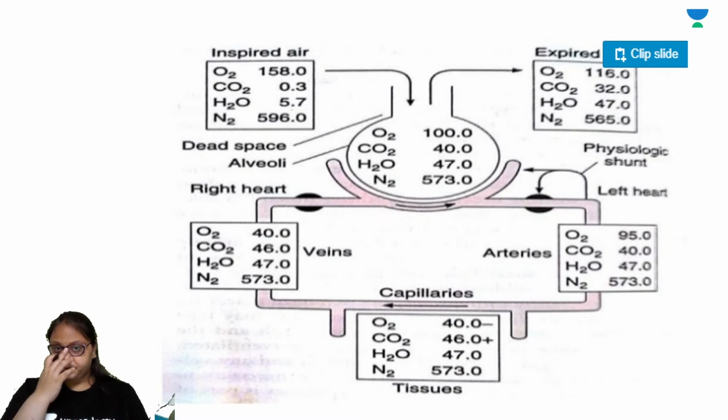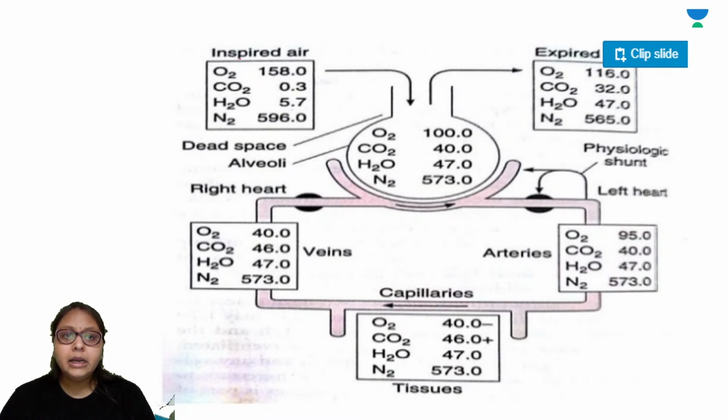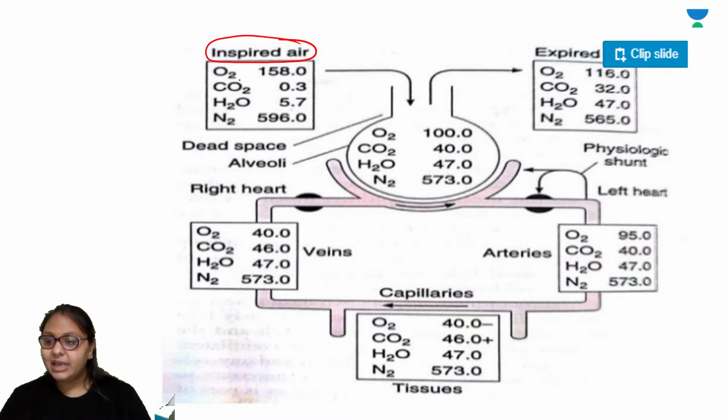Now we all know that when we inspire air, I am just talking about oxygen over here, the pressure of oxygen is 158 millimeters of mercury in the inspired air. Why?